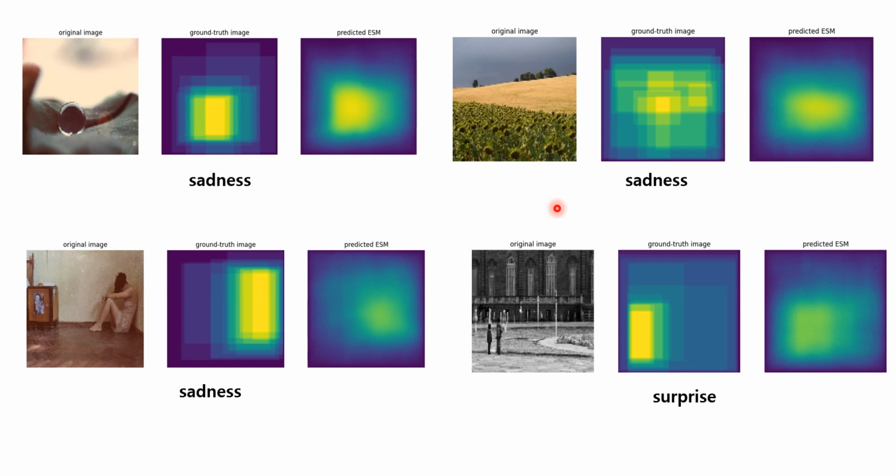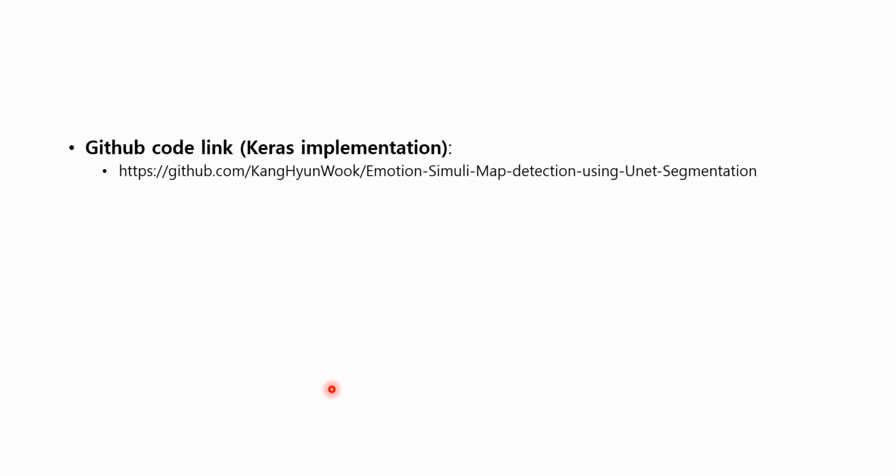For sadness, in this image where a person is cringing, the model is showing more attention where the person is cringing. Up to here, you've seen some of the output images of the trained ESM model.